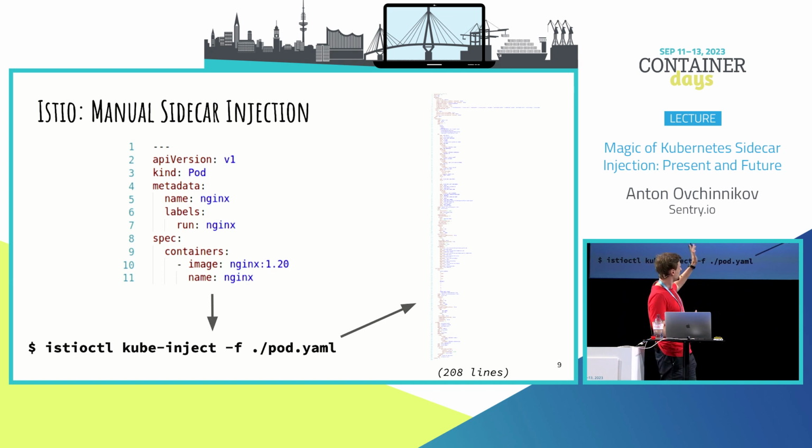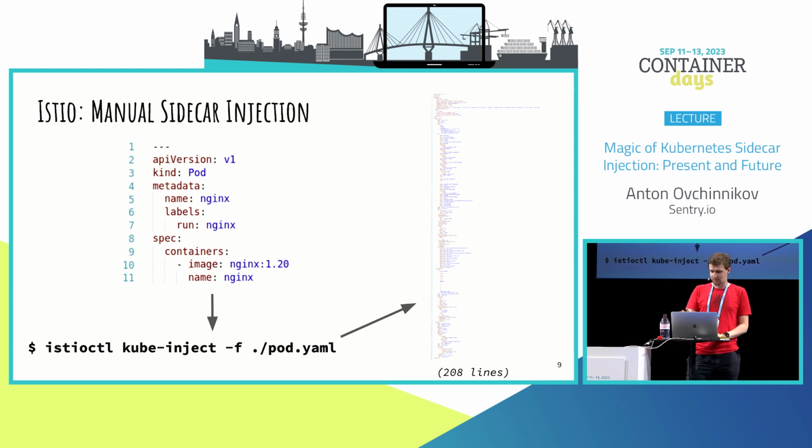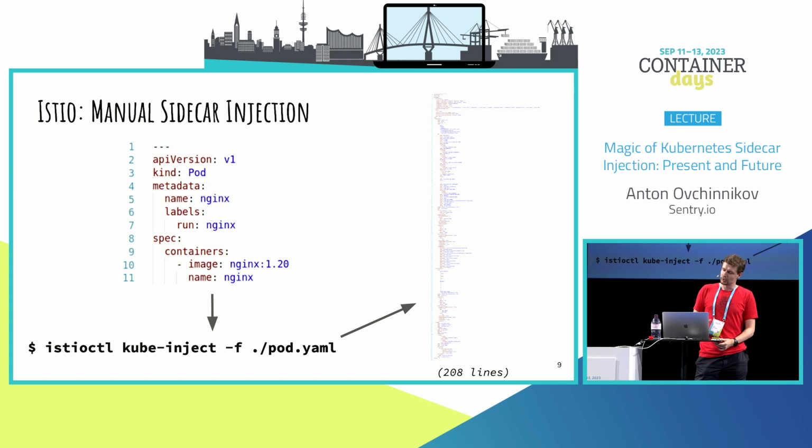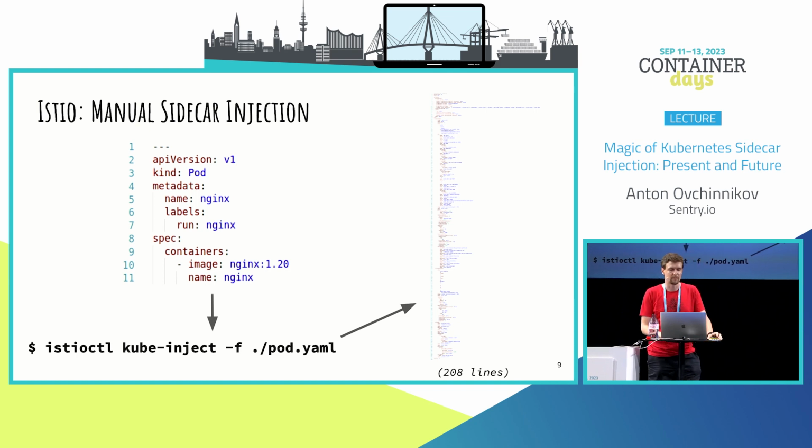Especially check out line 35 to 45. OK, I also cannot read it, and that's the thing. So this is complexity. This is something that we don't want to see, that we don't want to be aware of. And we don't like complexity. We don't like to read through hundreds of lines of YAML.